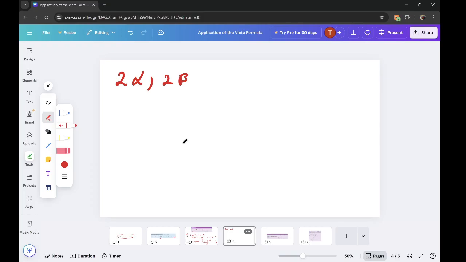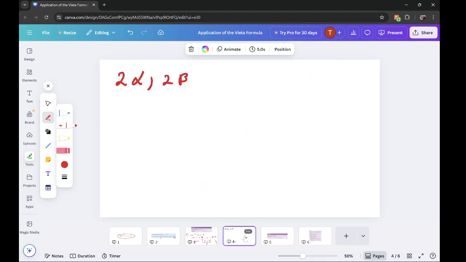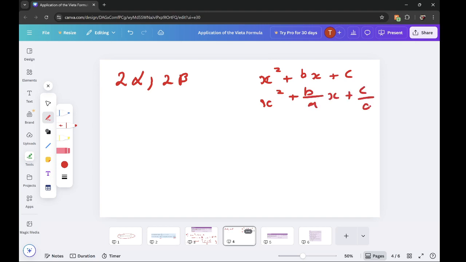Well, since they specified that it's a quadratic equation in the question, we know that it's going to be in the form x squared plus bx plus c. And we know you can write this according to the sum and product formula, according to our Vieta formulas, as x squared plus b over a x plus c over a.